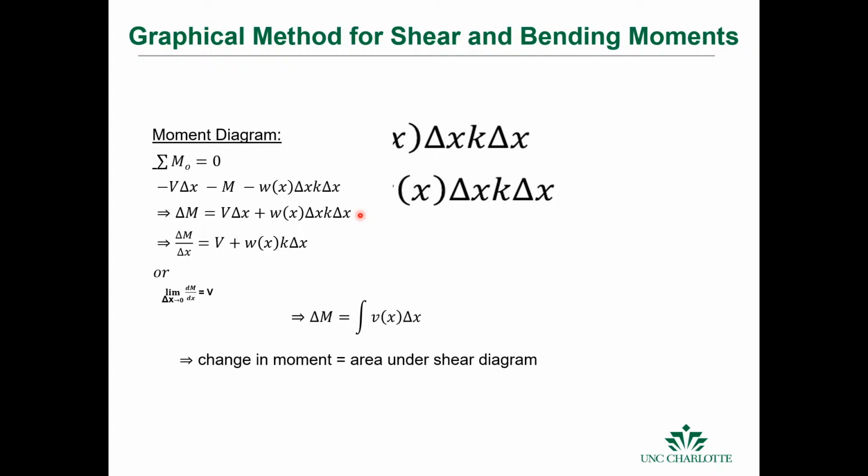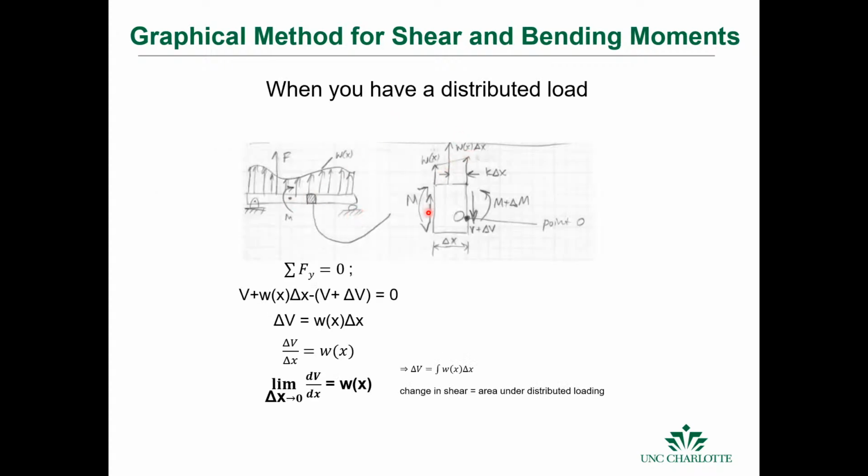For your moment diagram, if you sum your moments about an element, and this is this element here, where we have a moment here and a shear plus a change in shear, and then we have a moment plus a change in moment. All this says is that for an element with two sides, these are not necessarily equal. And if we have a distributed load here, then we can calculate that.